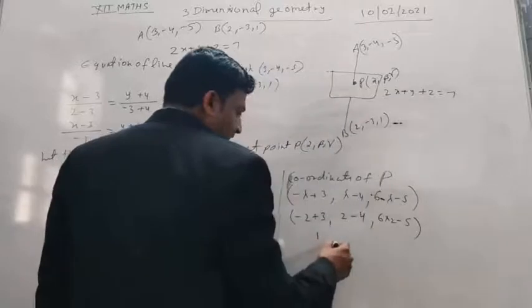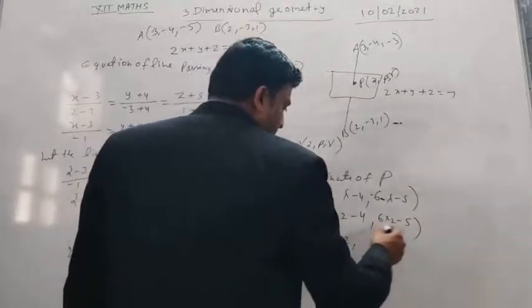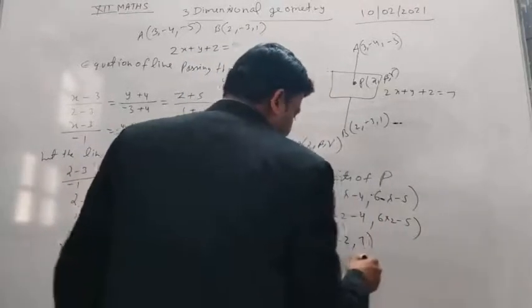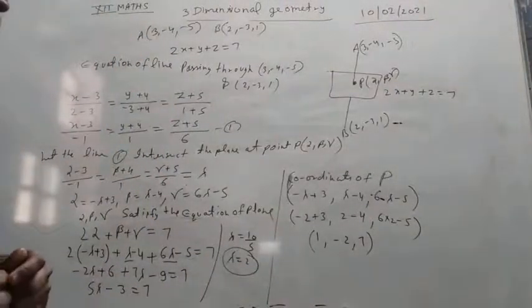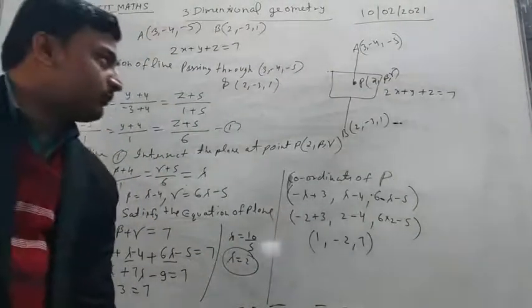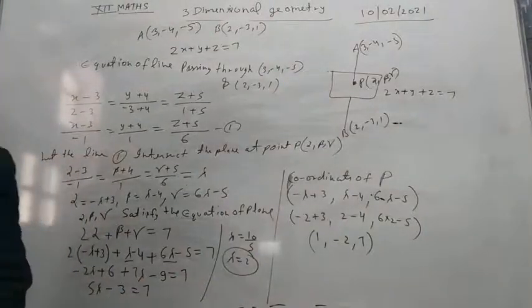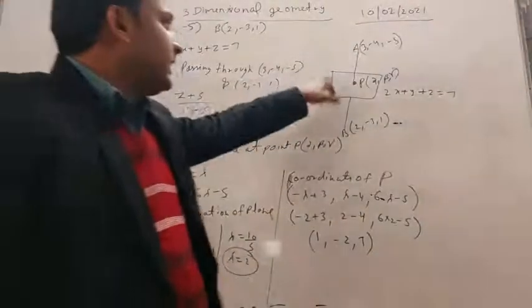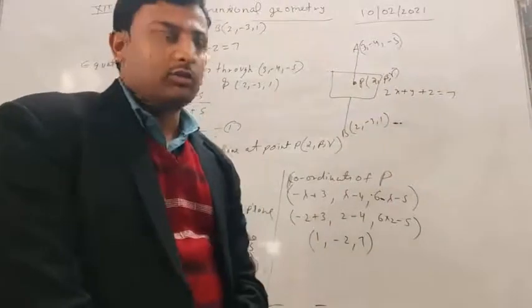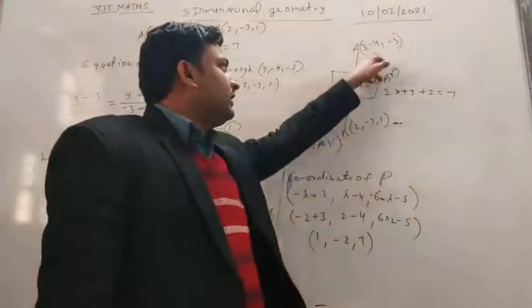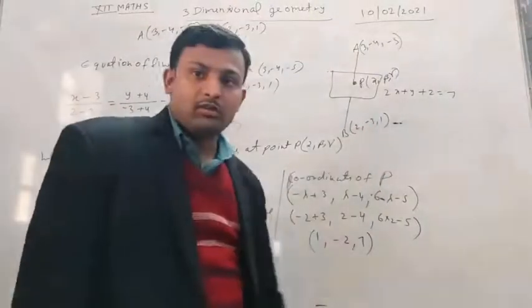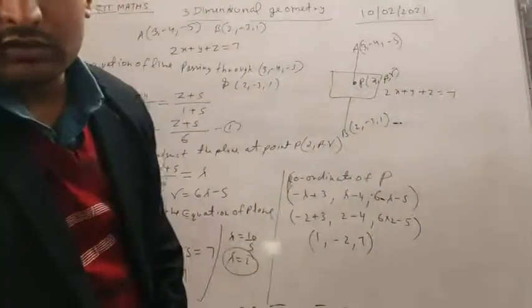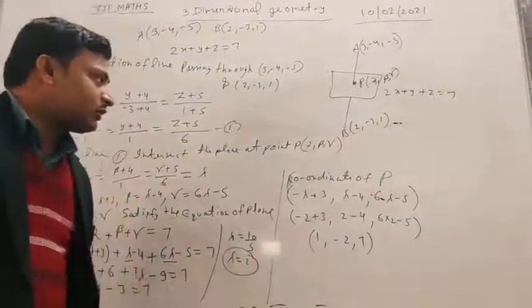So we get 1, minus 2 and 7. So this (1, −2, 7) is the point of intersection of this plane and this line, which is passing through the points A (3, −4, −5) and B (2, −3, 1). Okay students, so this will be the required coordinate.